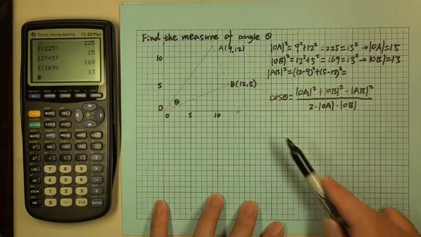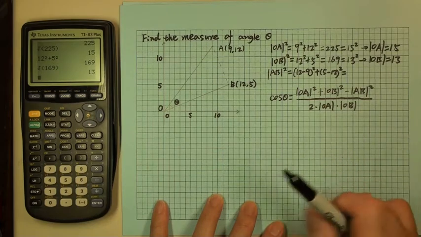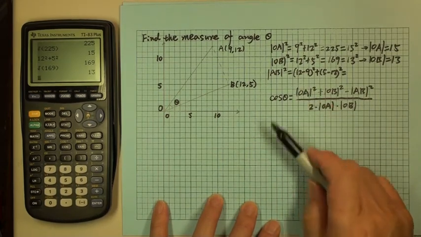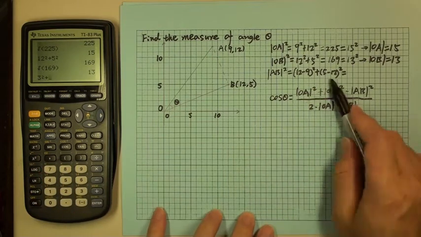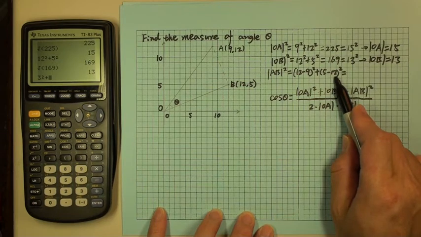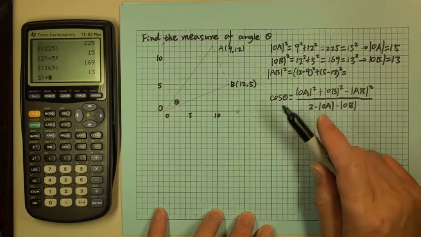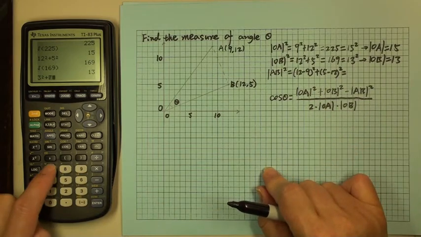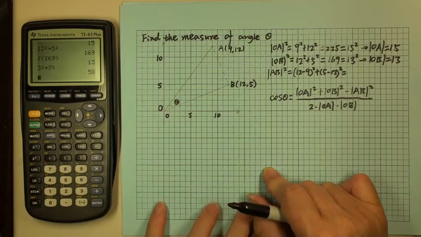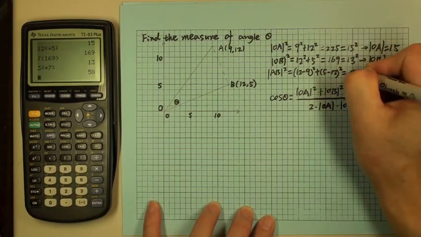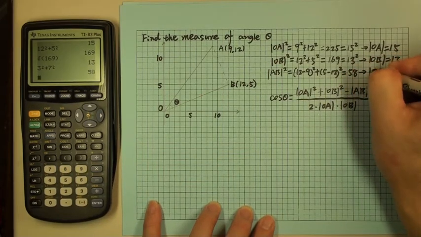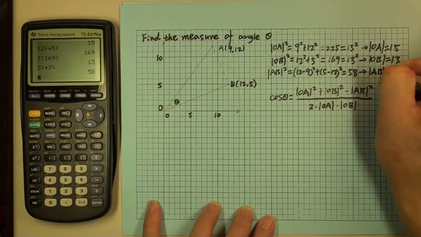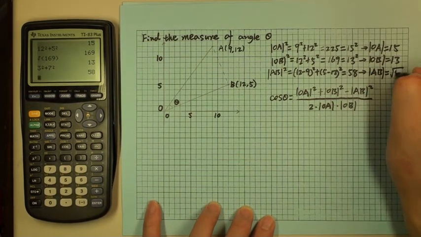So you have 12 minus 9 is 3 squared, plus 5 minus 12, which is negative 7, and then squared. So you have 9 plus 49, which is 58. So you may put 58 here. And then the distance between A and B is radical 58.